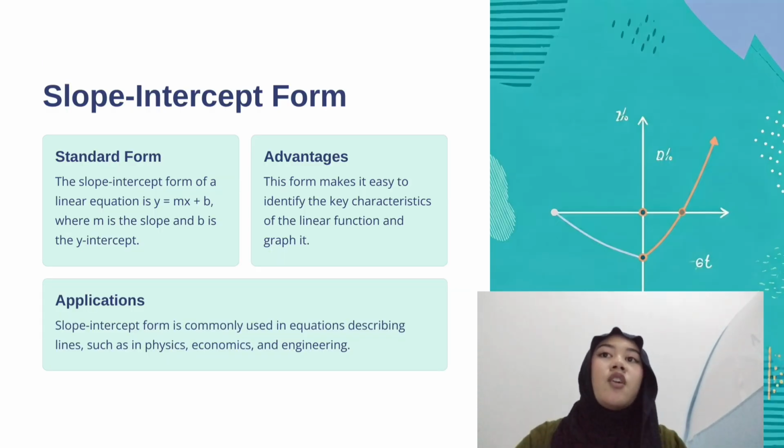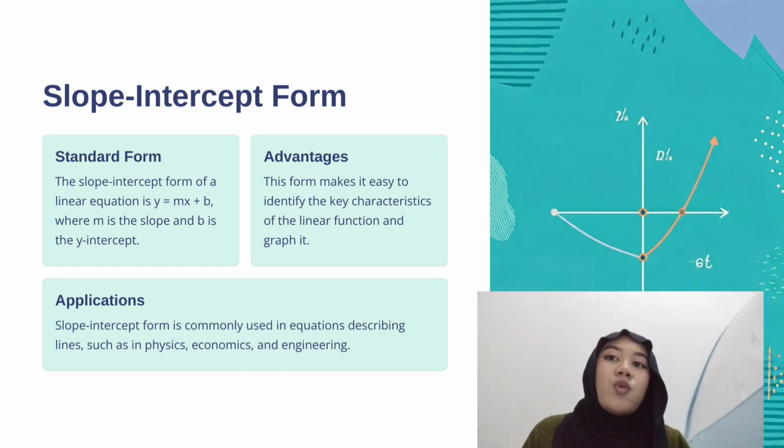Slope-intercept form. The slope-intercept form of a linear equation is y = mx + b, where m is the slope and b is the y-intercept.